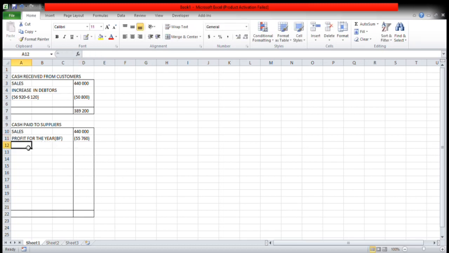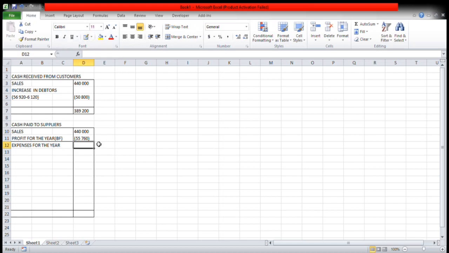So the third item that is going to be needed here is going to be the expenses for the year. Here the expenses for the year must be indicated inside the brackets. So let me grab my pen, and here we're going to have a line like this. The expenses for the year also is going to be indicated inside the brackets.